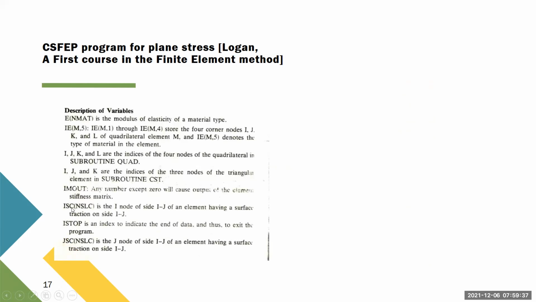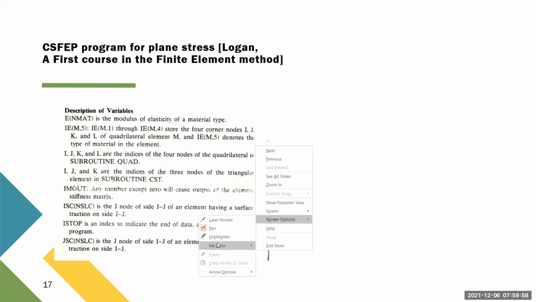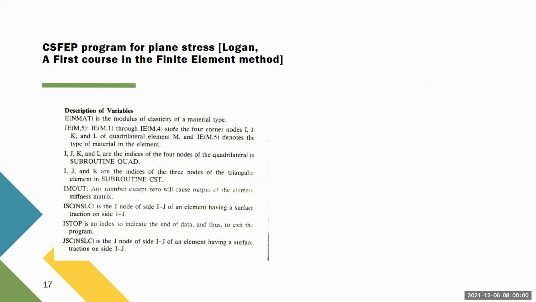Okay, here you see that I have ISC and JSC, and we're going to explain that, maybe today or on Thursday. The thing is that you could have, for example, in a triangle, in an element like this, a distributed force like this.